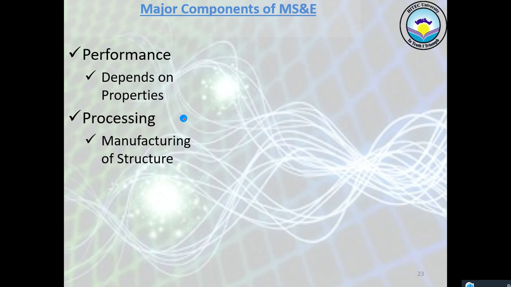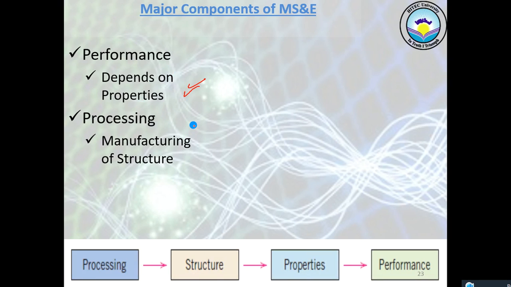So major components of material sciences are, for example, performance parameters and processing parameters. What are performance parameters? Depends upon properties. What are processing steps? Manufacturing of structure.